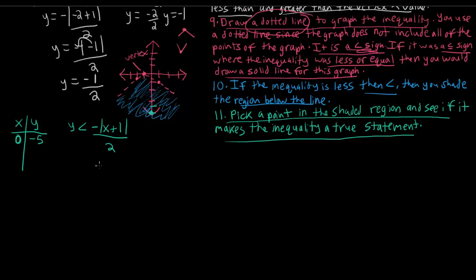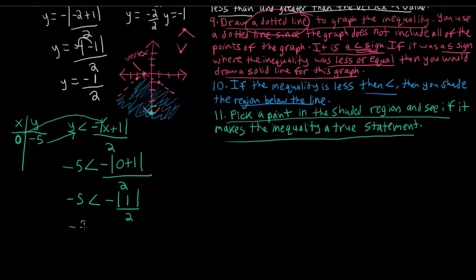And we just plug in the 0 value to x and then the -5 value to y. So -5 is less than the absolute value of 0 plus 1 all over 2. And if we evaluate this, it's -5 is less than 1 over 2.